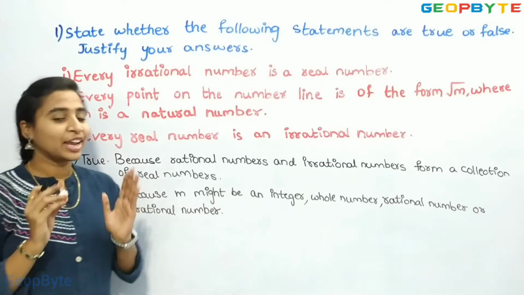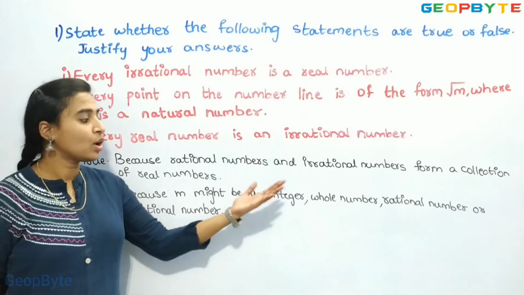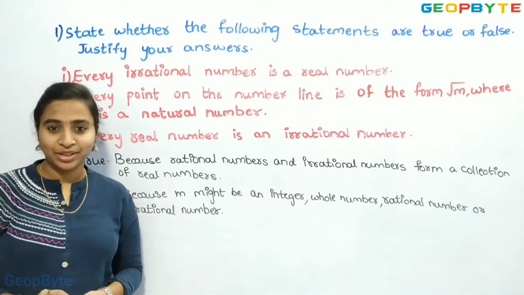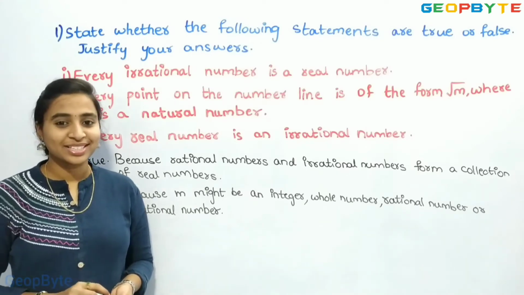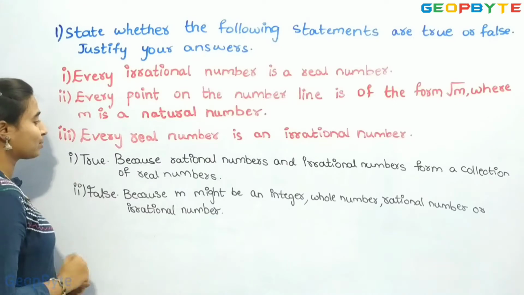Right? M cannot be only natural number. It might be an integer, whole number, rational number or irrational number. So it is false. Let us see the last statement, that is third statement.